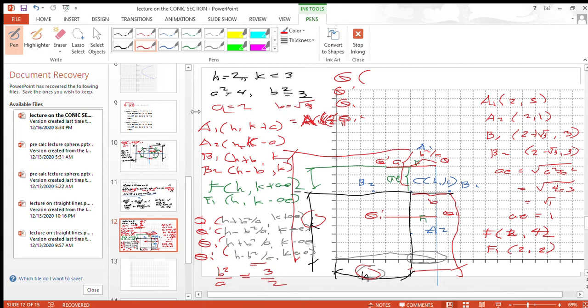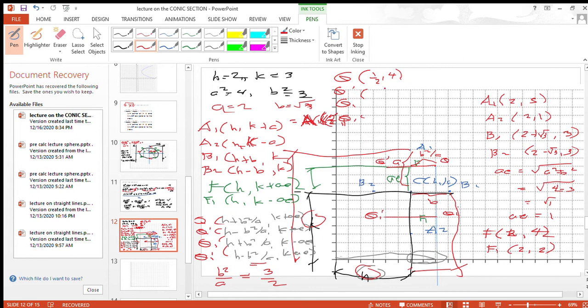Ano si H? Si Q kasi is H plus B squared over A. H is 2, 2 plus 1 and 1/2. Diba 1/2? Tapos, K plus AE. Ano si K plus AE? 4. Pareho kay F. And then, Q prime is H minus B squared over A. Sorry, ito kanina, plus pala yun.